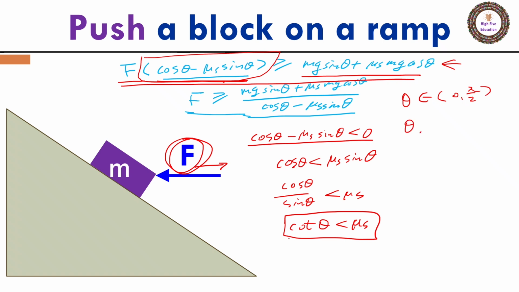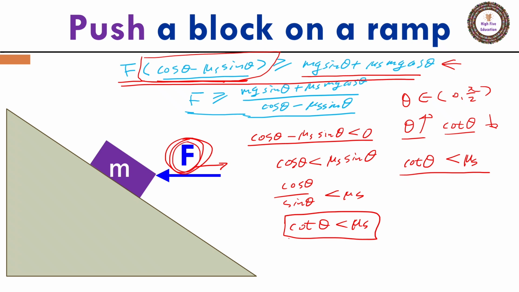When theta is increasing, cotangent theta is decreasing. So when my angle is large enough, my cotangent theta may be smaller than mu s. And under that situation, it does not matter how large the force is, the block would not move up.